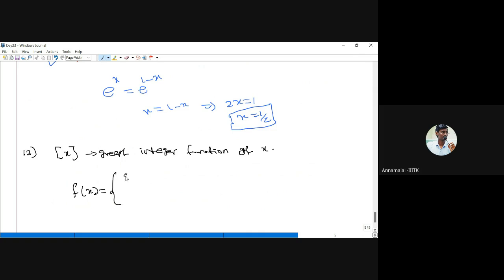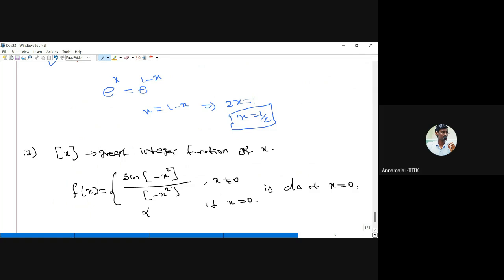sine of minus the integer part of x square, divided by the integer part of minus x square, for x non-zero, and alpha if x equals 0. Okay, this is a function. Now suppose this function is continuous at x equal to 0.